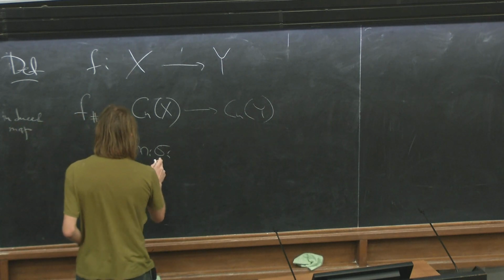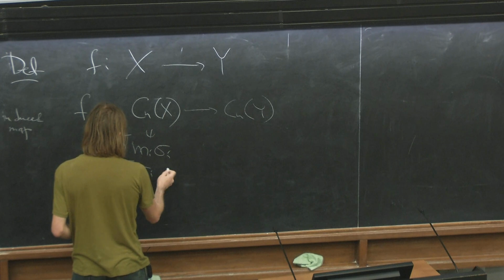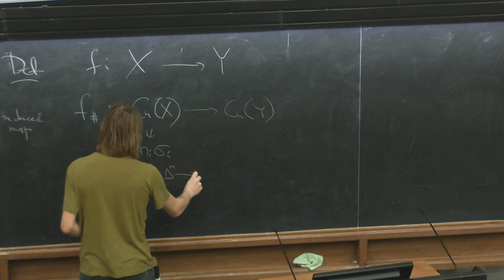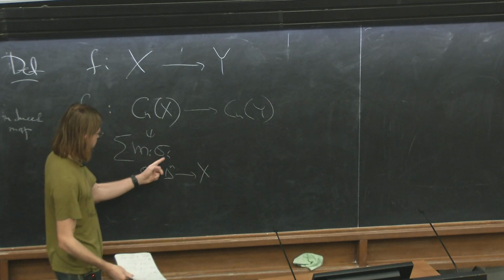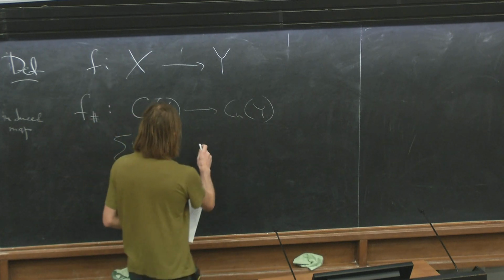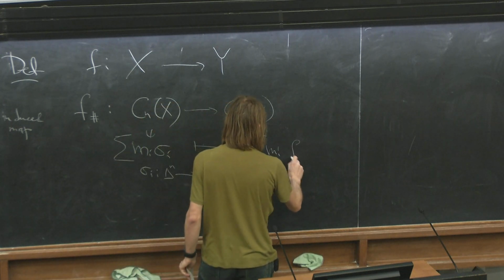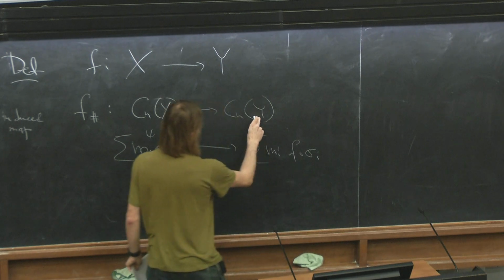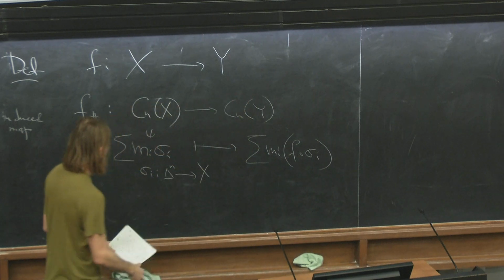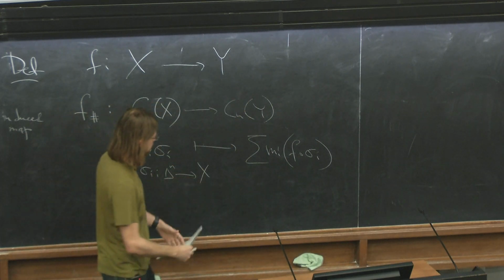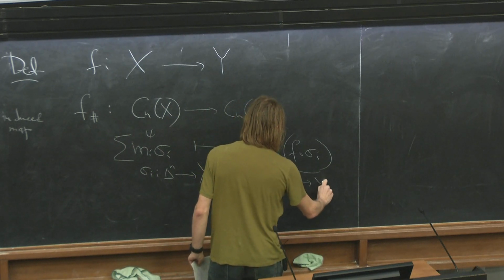An arbitrary element here is a formal linear combination of maps from delta n to X. What you can do is compose each of these maps with your f and get a corresponding singular chain in Y. A map from delta n to X, composed with f, will automatically be a map from delta n to Y.